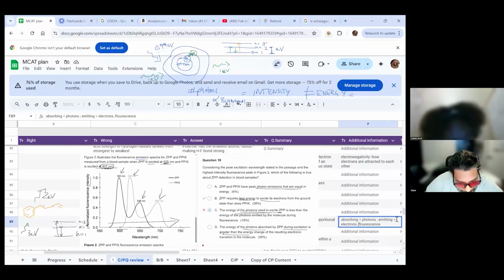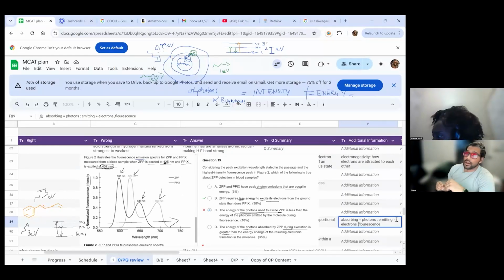So, when it comes to excitation, PPIX requires more energy, right? Because more photons are absorbed and less are emitted.